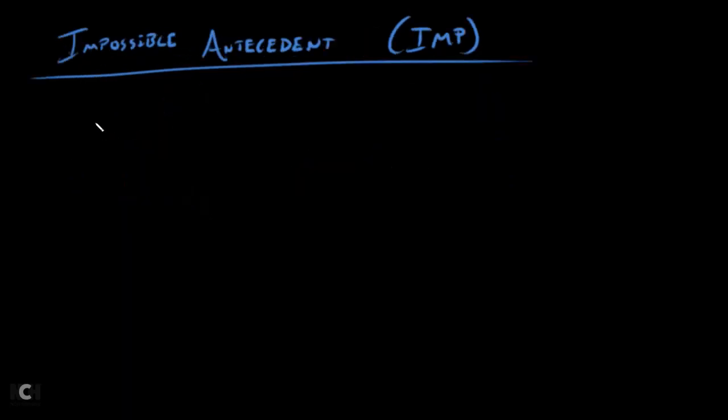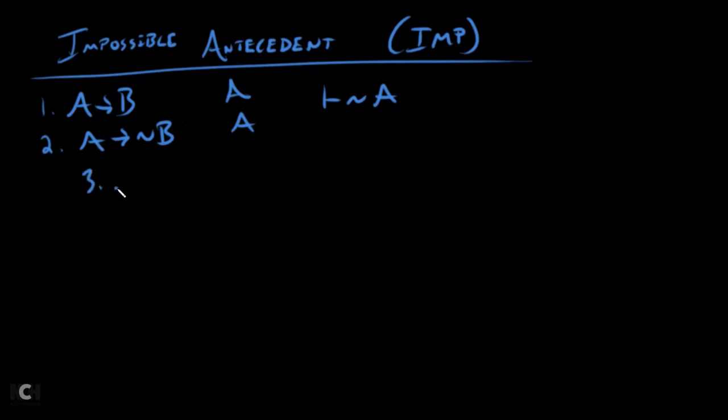All right, this one, impossible antecedent. It works this way. Let's say I had A arrow B, and I had A arrow squiggle B, and I said, solve for squiggle A. Well, what we'd do before is an indirect proof: provisionally assume the opposite of our goal, and then we want to get any contradiction.